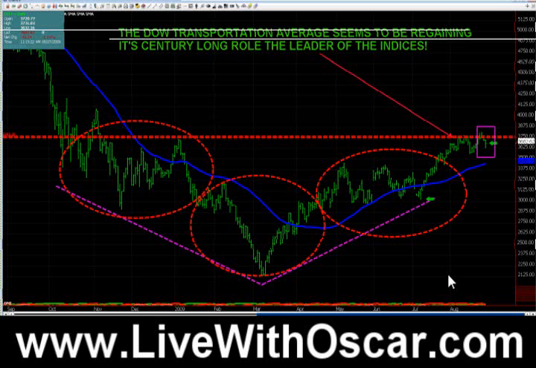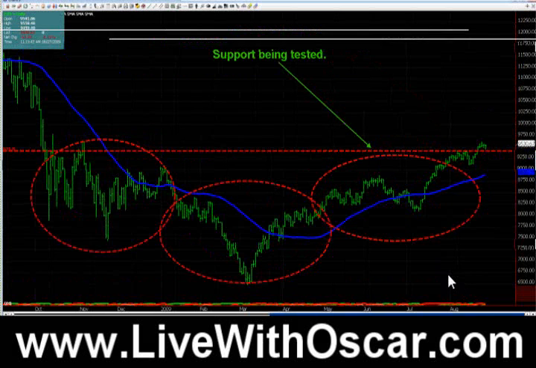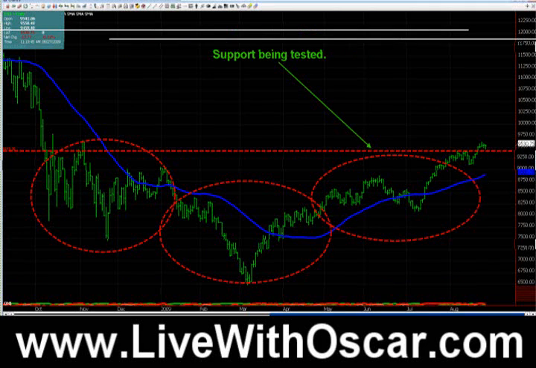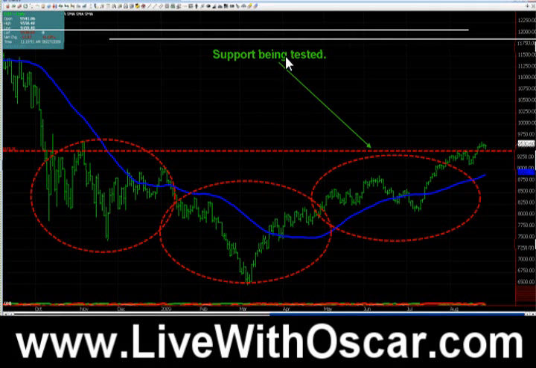Let's go look at the Dow Jones Industrial Average. It's doing something I was expecting, and I'm very glad to see it happening. Remember, support gets tested, but usually support starts off as resistance. This was a resistance line. We could not get through it when we got here, and it dropped.